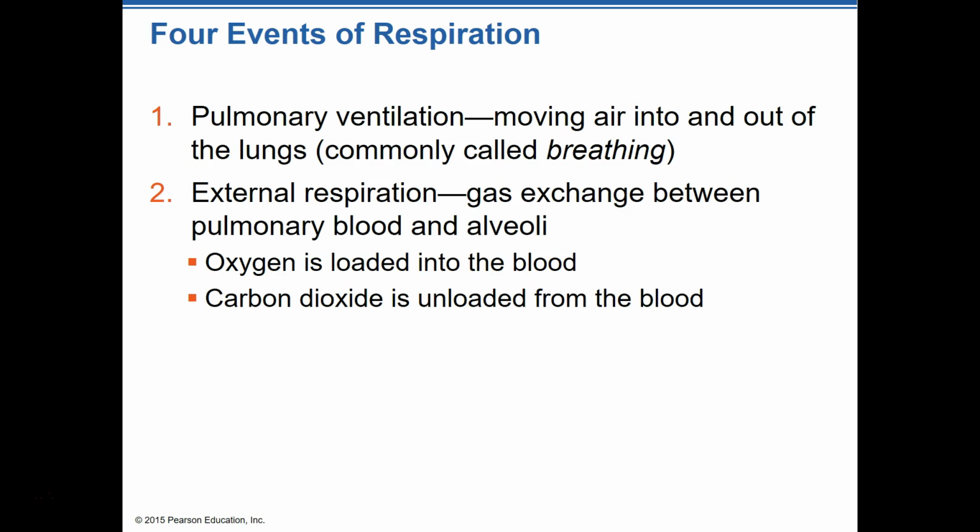So, onward and upward. There are 4 events that happen during respiration. The first one is called pulmonary ventilation, moving air in and out of the lungs. This is oftentimes called mechanical respiration as well. But pulmonary ventilation is the moving of air in and out of the lungs, or breathing. What you need to realize is we can be breathing and it may not be working.